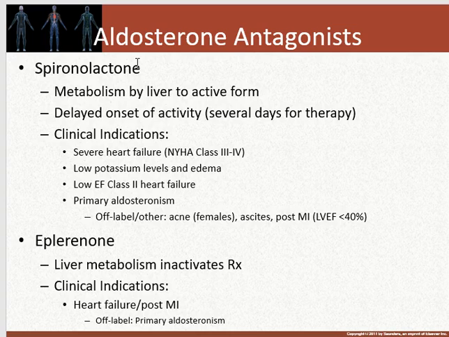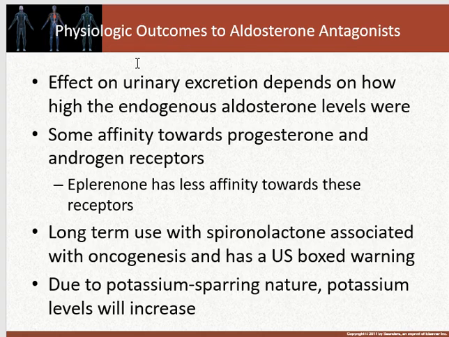Instead of activating the drug like spironolactone, eplerenone has liver metabolism that inactivates the drug. The clinical indications are pretty much the same: heart failure and post-MI, although it has been used off-label for the treatment of primary aldosteronism.